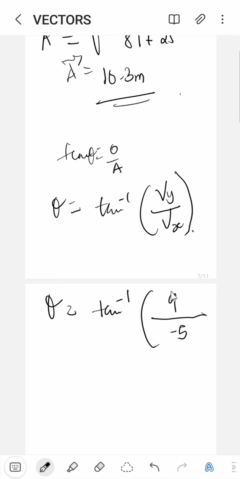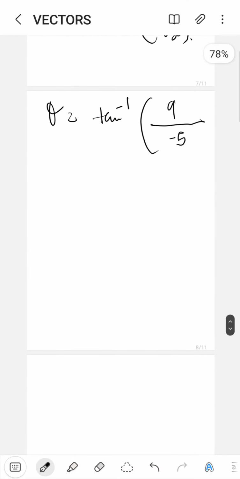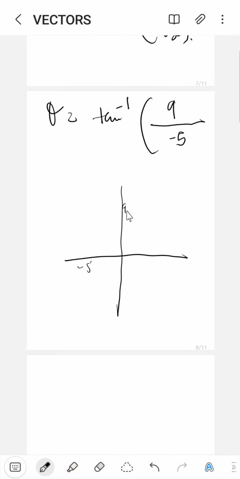This tells us that when we graphically show this angle, -5 is on this end, 9 is on this end. This angle is in this section. Now if you guys remember quadrants, this is quadrant 1, this is quadrant 2, this is quadrant 3, this is quadrant 4.